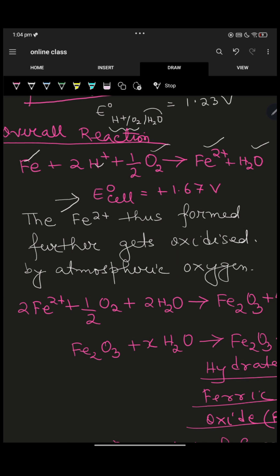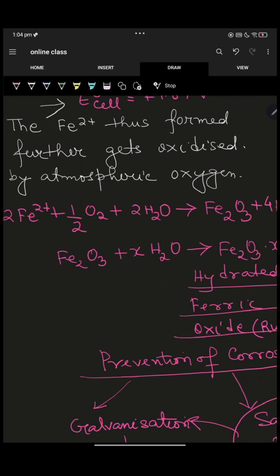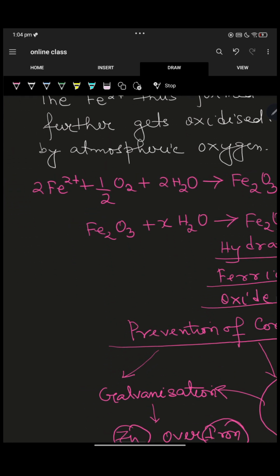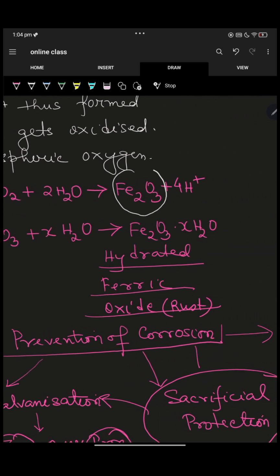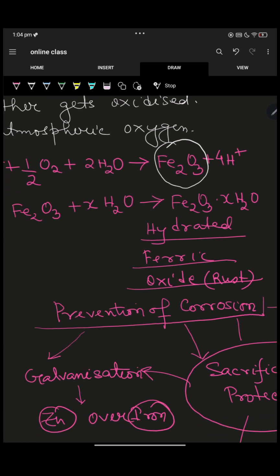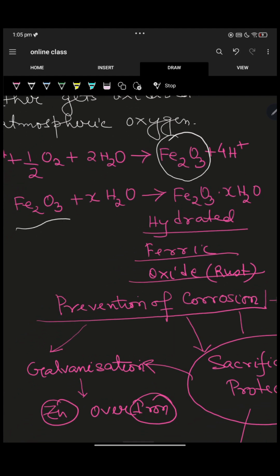Now the Fe2+ thus formed will further get oxidized in the presence of atmospheric oxygen to give higher oxides. So 2Fe2+ plus half O2 plus 2H2O forms Fe2O3 and 4H+. This Fe2O3 reacts with xH2O and forms rust, which is hydrated ferric oxide.